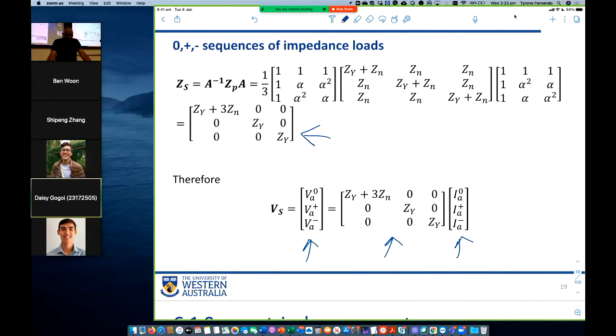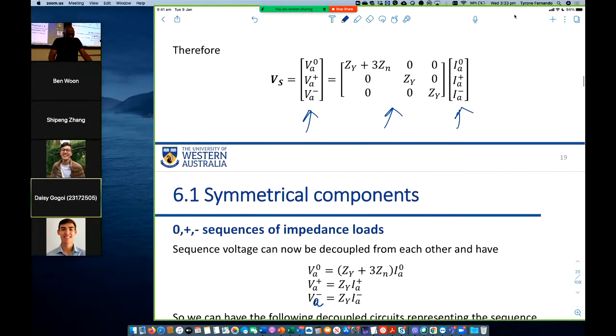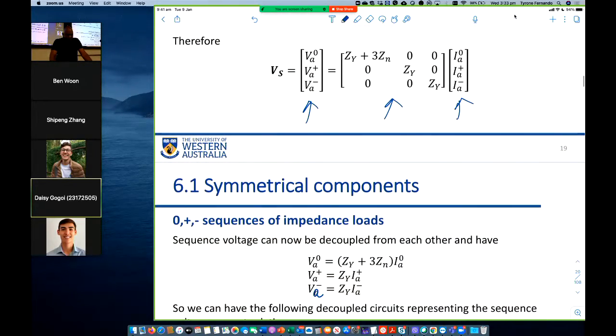What that means is that we have a decoupled system. Zero sequence is decoupled with the positive sequence, is decoupled with the negative sequence. That's what we have. We have a decoupled system. So we can then say zero sequence voltage is Zy plus 3Zn multiplied by the zero sequence current.